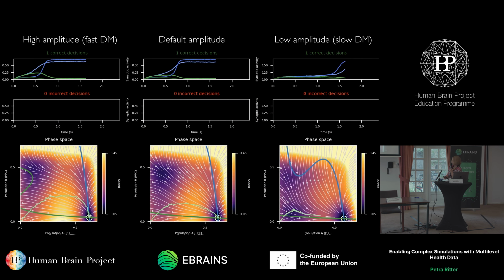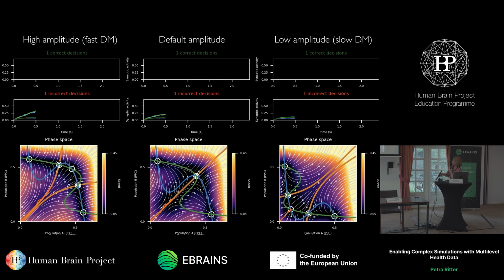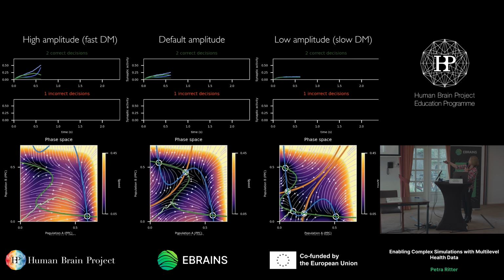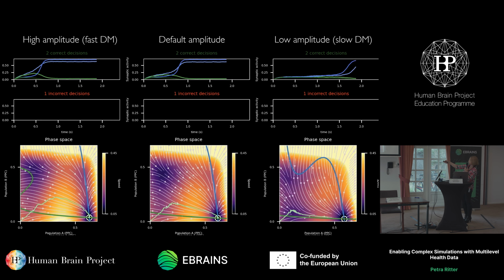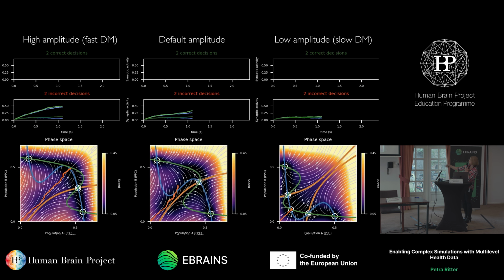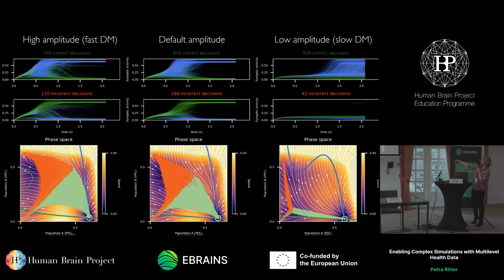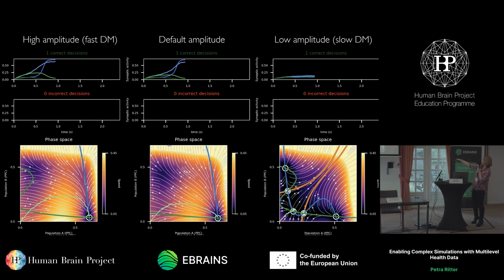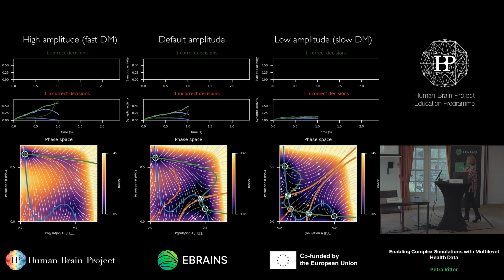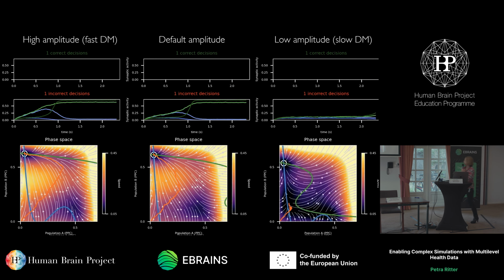So now we can look at the three scenarios. The high amplitude input currents linked to a low functional connectivity, so low correlation in the brain, low synchronicity. And our model is related to high amplitudes, then the default amplitude, and the low amplitude that is related to the high synchronicity, the high functional connectivity in our model.